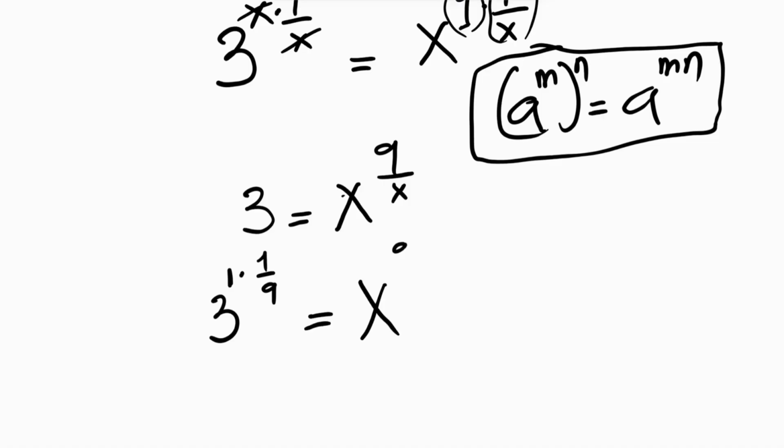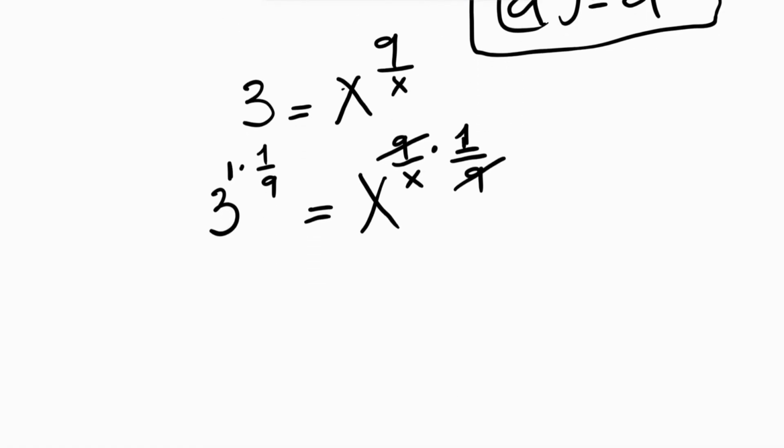X raised to power 9 over x times 1 over 9. The 9 cancels out, and what we have is 3 raised to power 1 times 1 over 9 equals x raised to power 1 over x.